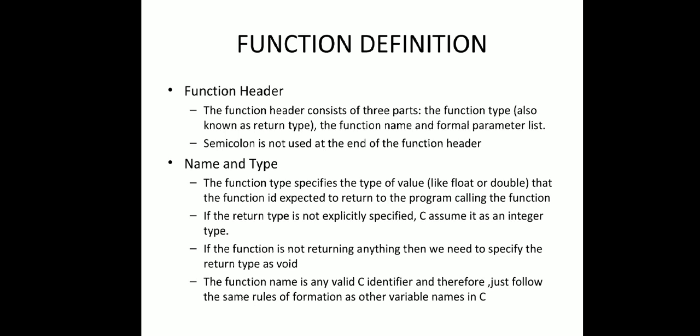Then comes name and type. The function type specifies the type of value, like float, double, what type of data it is going to return. If the return type is not explicitly specified, then C assumes it as an integer data type.